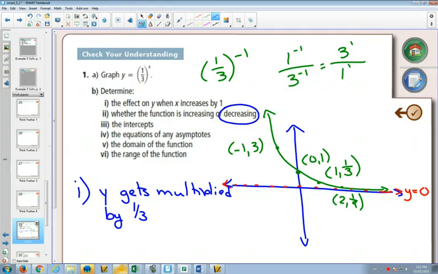There is no x-intercept, but our y-intercept when x is 0 is equal to 1. Our equation of our asymptote is a horizontal asymptote at y equals 0. The domain is everything, and the range is greater than, but not equal to, 0, just greater than 0.